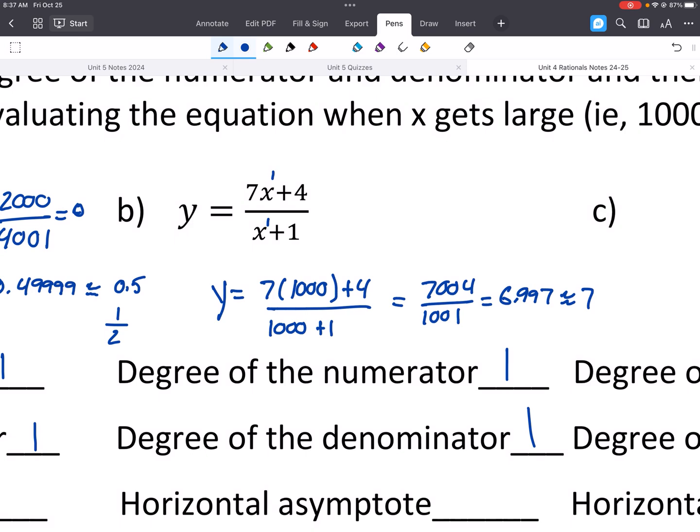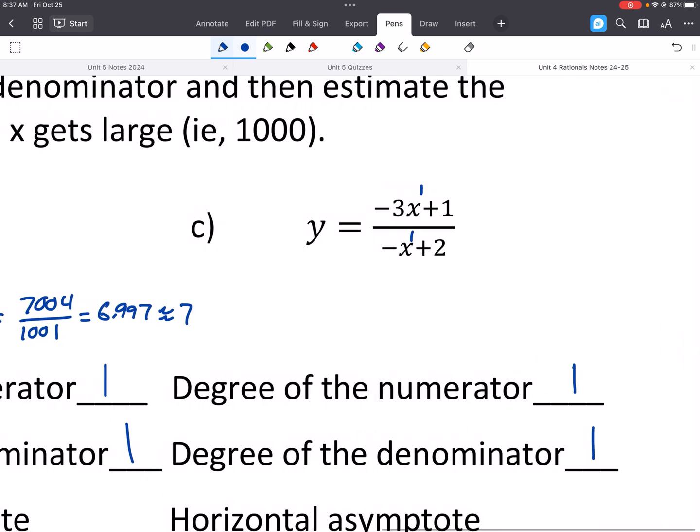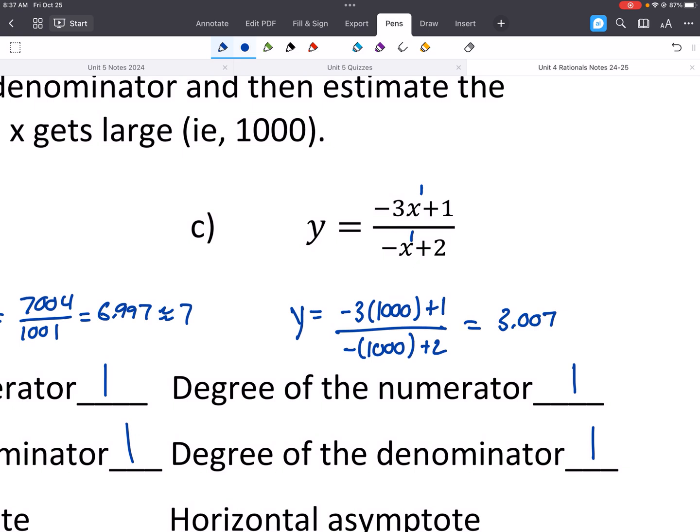Then our last example, if we plugged in 1,000, we'd get y equals -3 times 1,000 plus 1 over -1,000 plus 2. Typing that into your calculator, just for the sake of time, we'd get 3.007, which is approximately equal to 3.